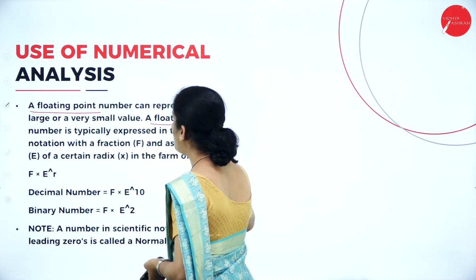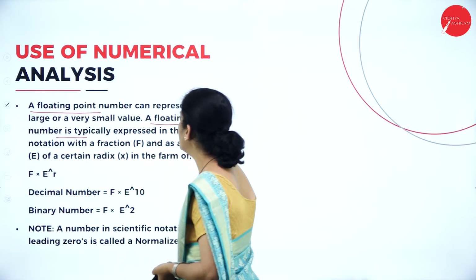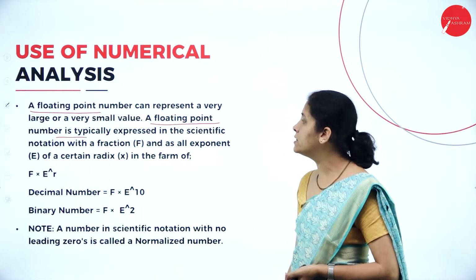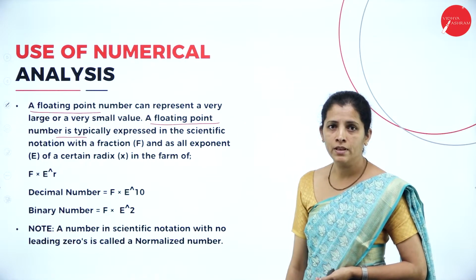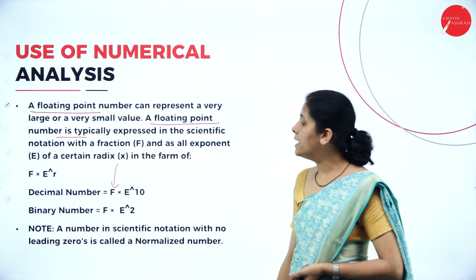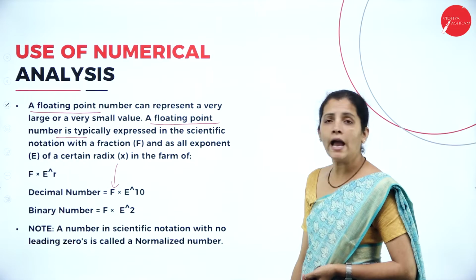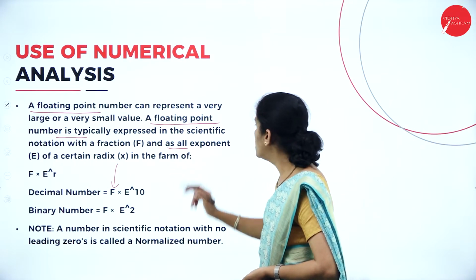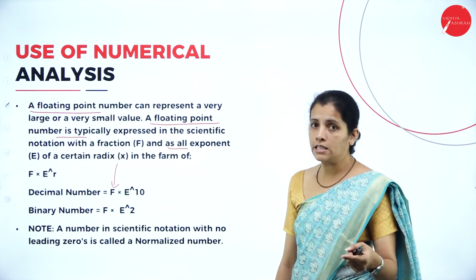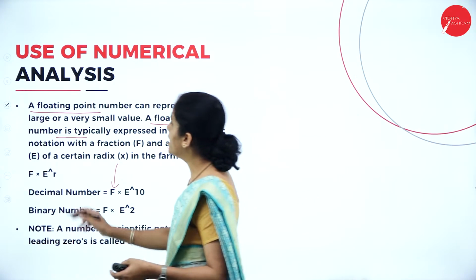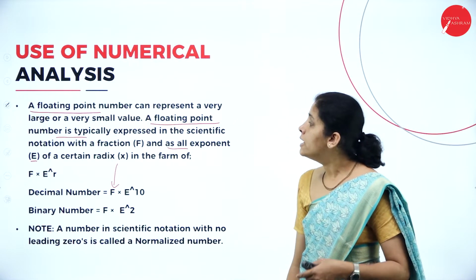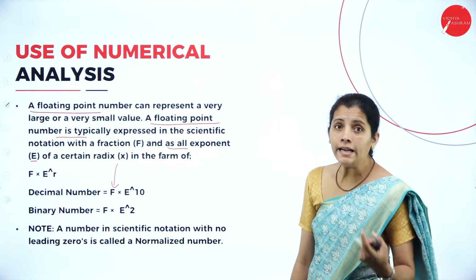A floating point number is typically expressed in scientific notation with a fraction f, an exponent, which I represent using the letter E, and a radix.